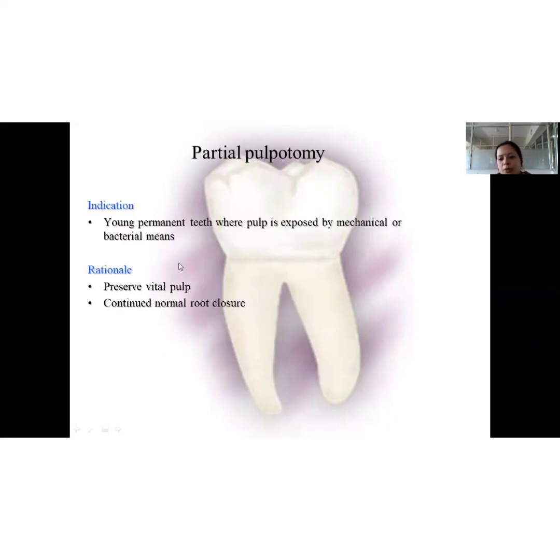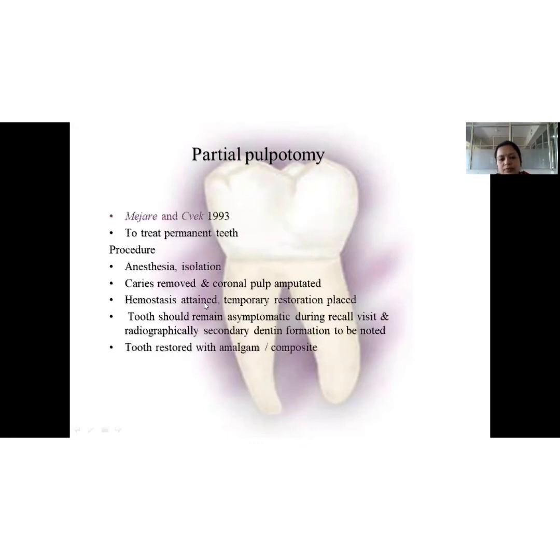Now, partial pulpotomy. Partial pulpotomy is basically where a small amount of pulp is removed, not the whole coronal pulp. It is indicated in young permanent teeth with mechanical pulp exposure, to preserve vital pulp and allow normal root closure. According to Marjorie and Steve, partial pulpotomy is used in young permanent teeth.